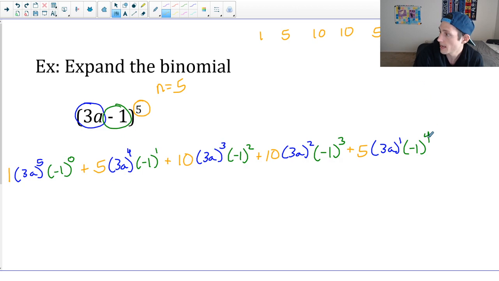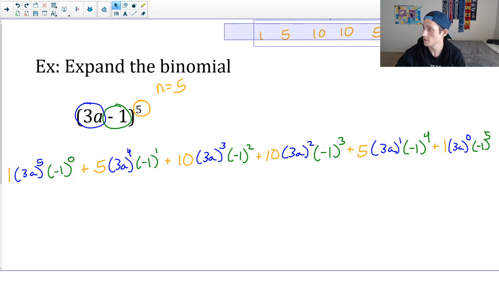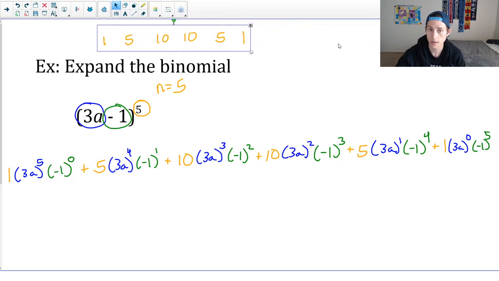And then this last one, so plus 1 times 3a to the 0th times negative 1 to the 5th. I guess I should move this over as well. I'm still bad about forgetting whenever something is behind my head.